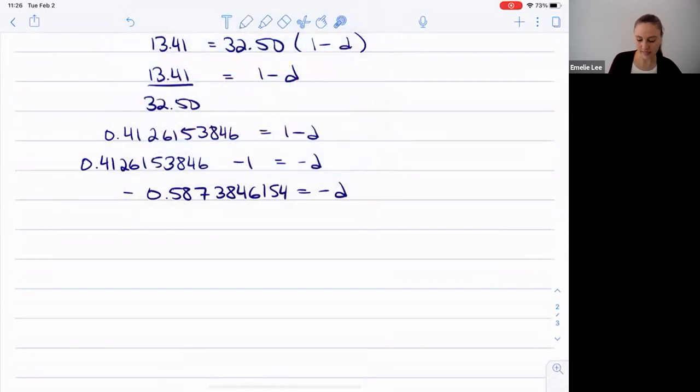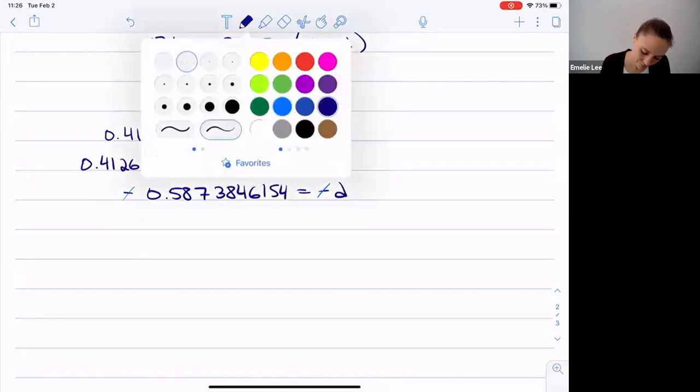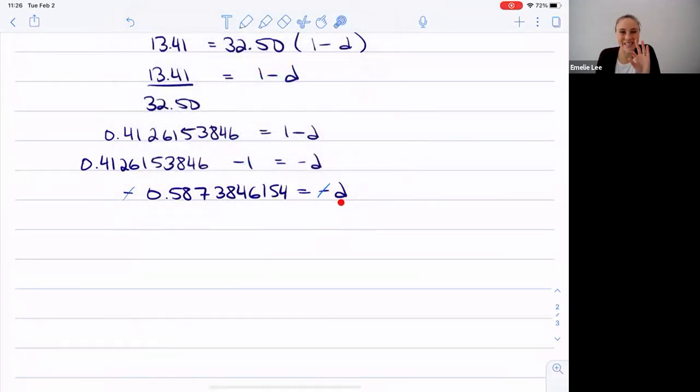If I've got a negative equal to a negative, I can drop those, right? I can essentially multiply both sides by -1 or divide both sides by -1. It doesn't matter. Either way, it's going to go away. Remember, I like to have what I'm solving for on the left-hand side. And just remember the equal sign, you can flip around, right?